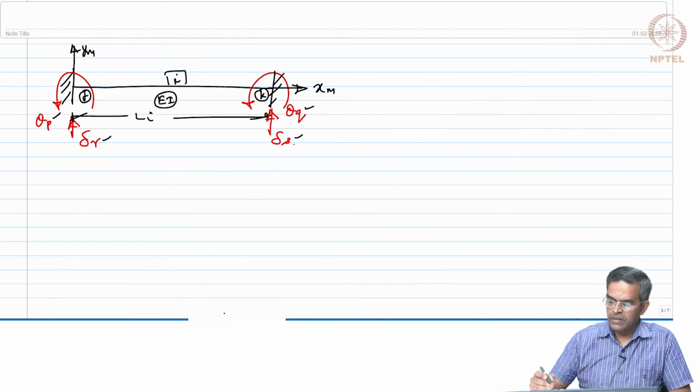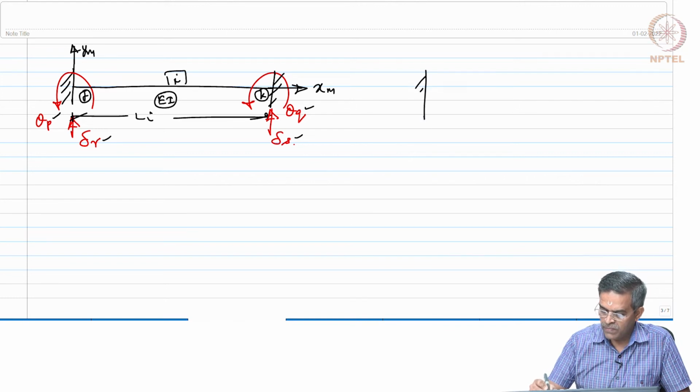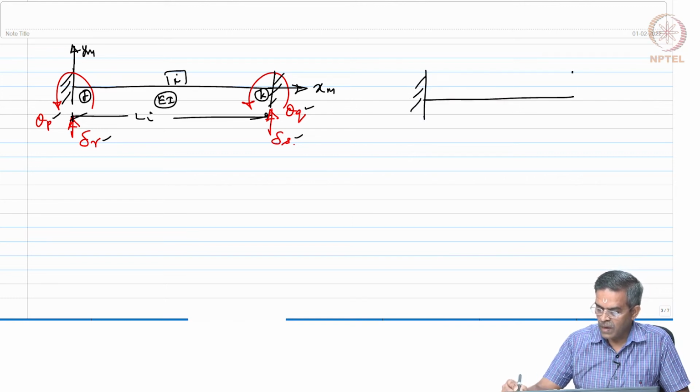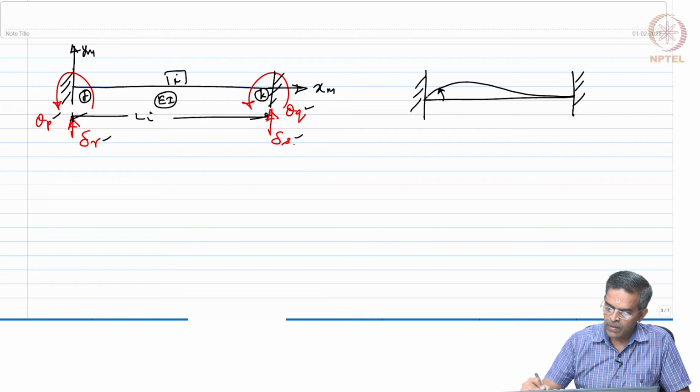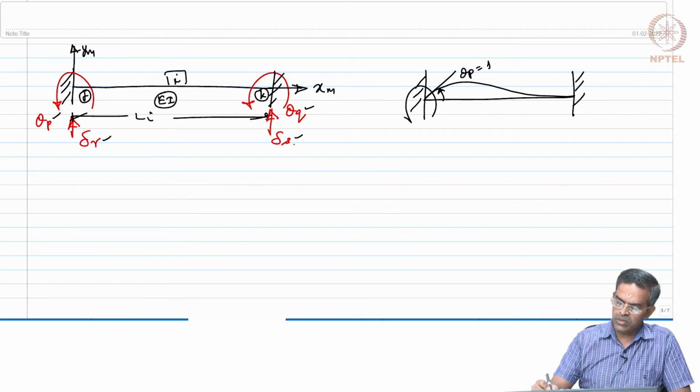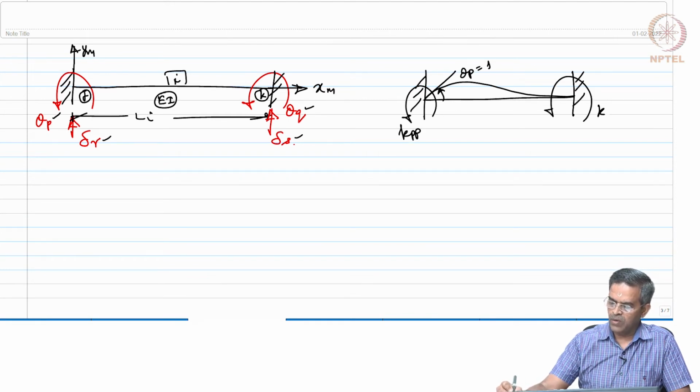Okay. So, if I give a unit rotation of theta p as unity, this invokes a moment which is KPP and KQP, is it not?